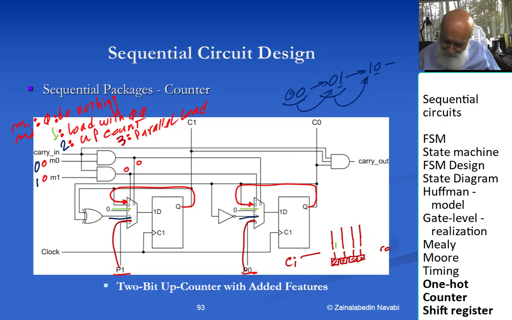I need a little bit more space here. This is a counter with 4 flip-flops. This is carry out.